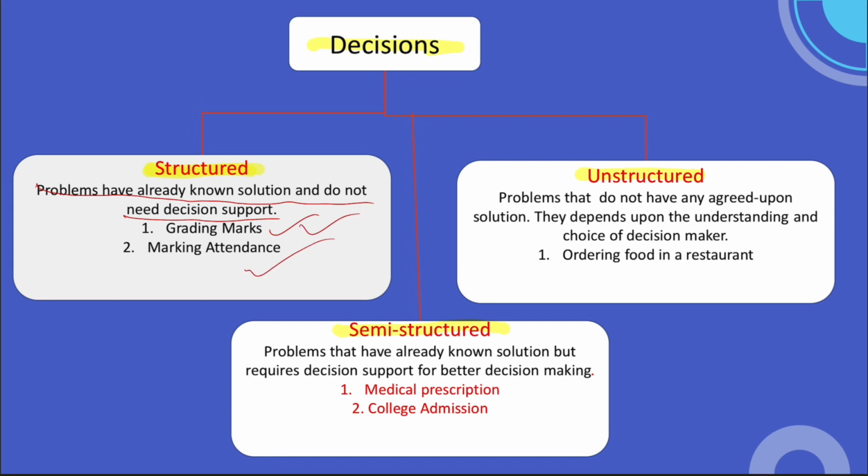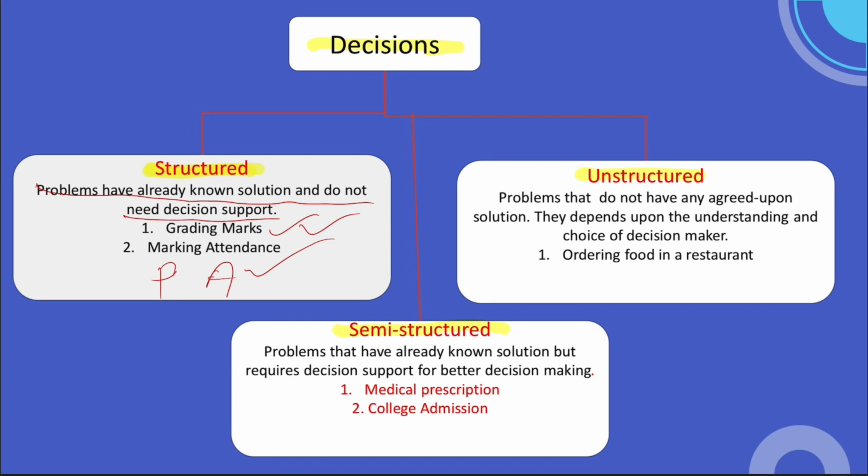Another is marking attendance. Whenever we get this problem, we have the solution: if the person is present, we mark P. If absent, we mark A, isn't it? So for this problem, we have a defined answer and it doesn't require any further support to make a decision.